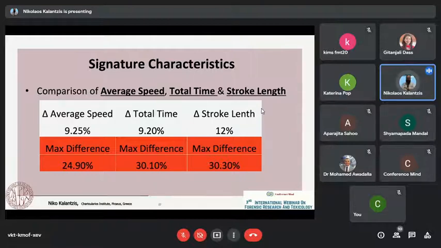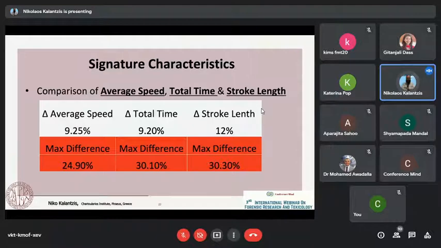Looking at these averages, we found that the average speed difference between the signatures executed with the default stylus and the signatures executed with the LAMY pens was 9.25%. The average time difference was 9.20%, and the average stroke length difference was 12%.